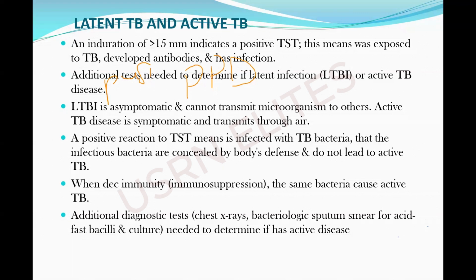So if you've been to a country which has a higher risk, or if you are an immigrant, or you are a health worker and you get an induration of 10 millimeters or more, you are positive for the tuberculin skin test.